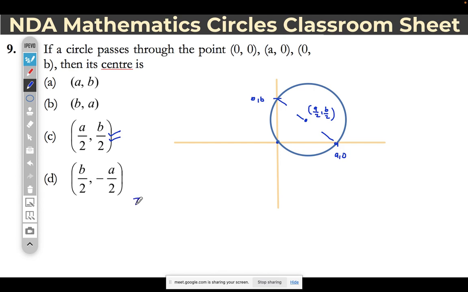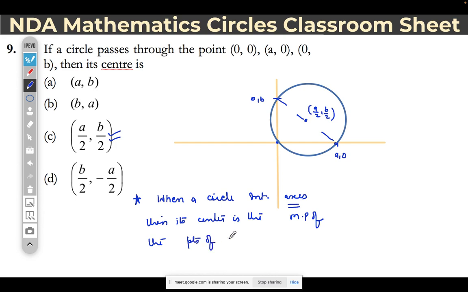Okay? So you can make a note here. When a circle intersects the x-axis or y-axis, then its center is the midpoint of the points of intersection. 0, a, a by 2; 0, b, b by 2.